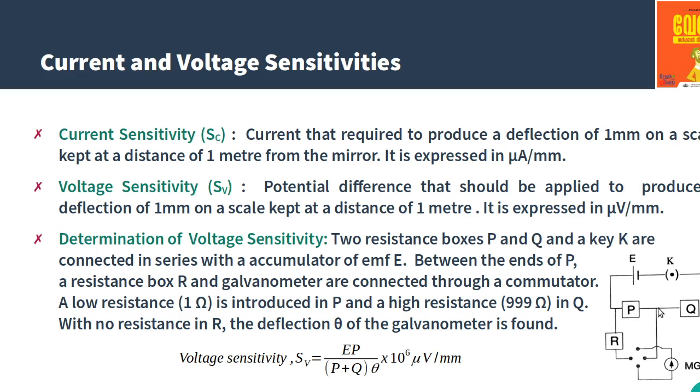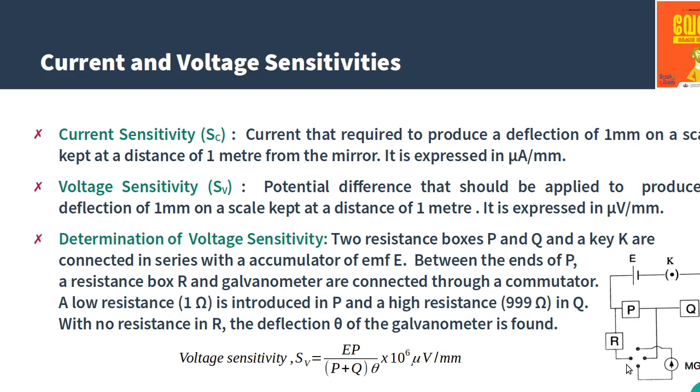So between the ends of P, there is a resistance box R and a galvanometer connected through a commutator.